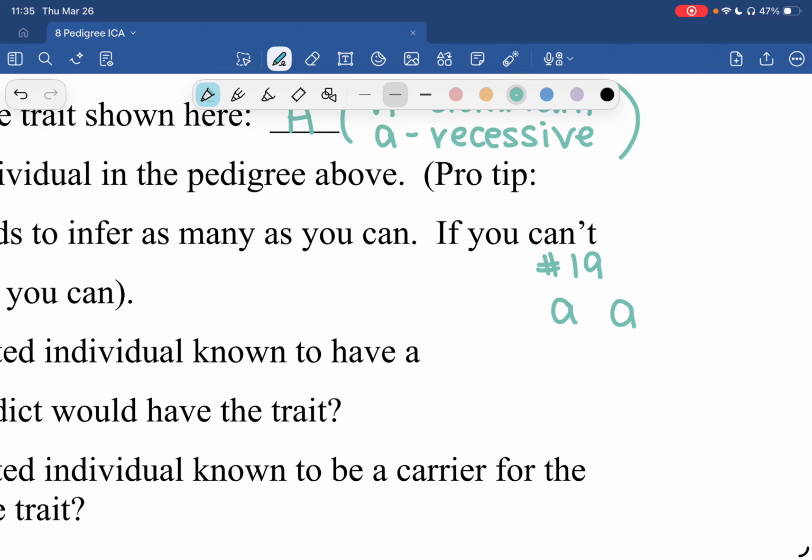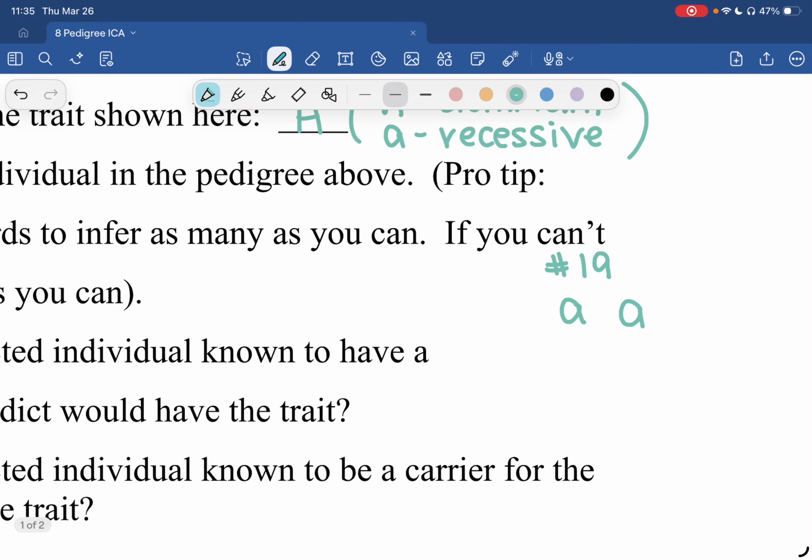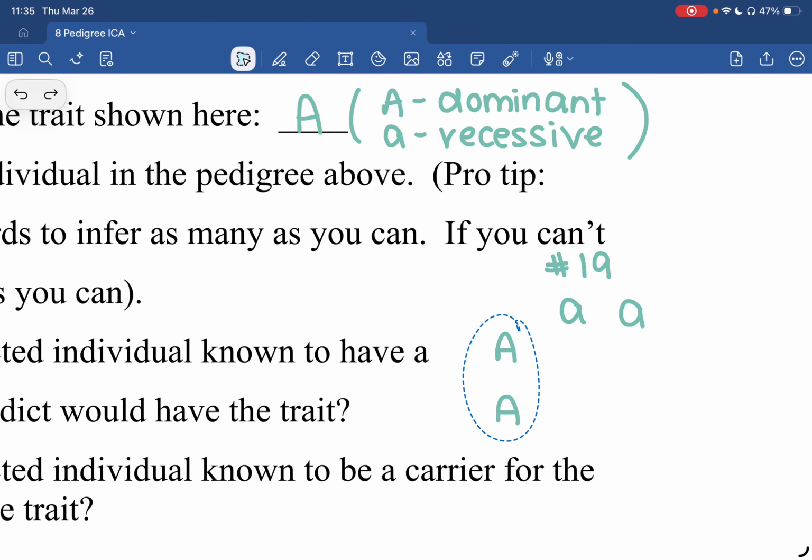Homozygous meaning same letter, so two of the same letter. So if they're unaffected, we would assume that they are big A, because again, homozygous dominant is what that individual would be called, and then we are going to cross them.